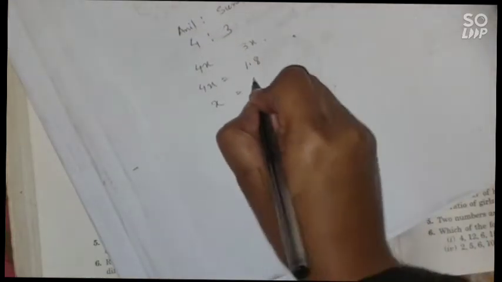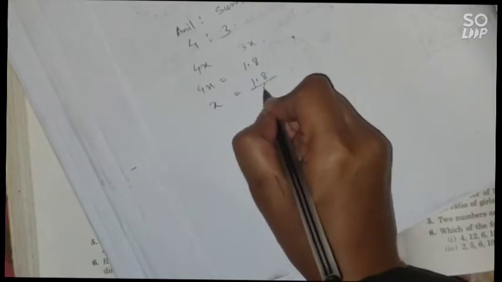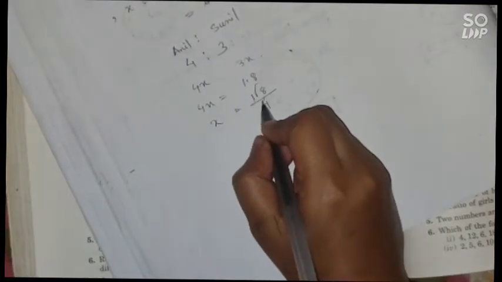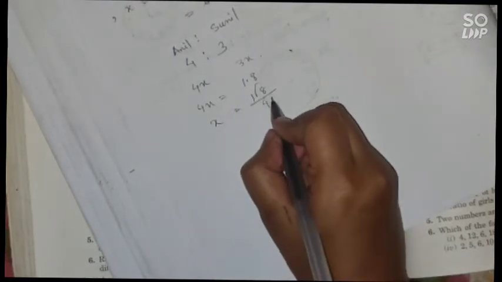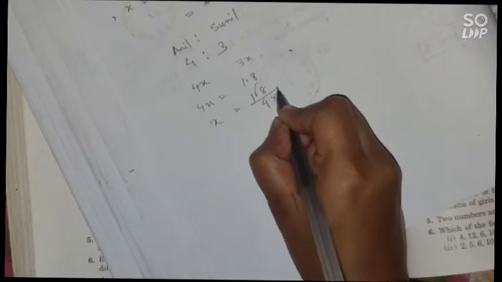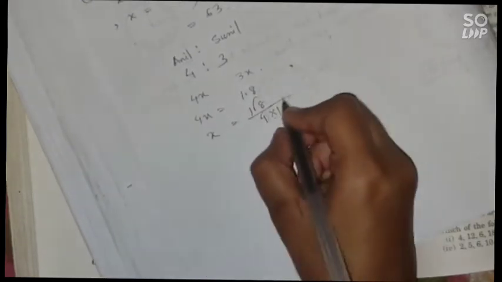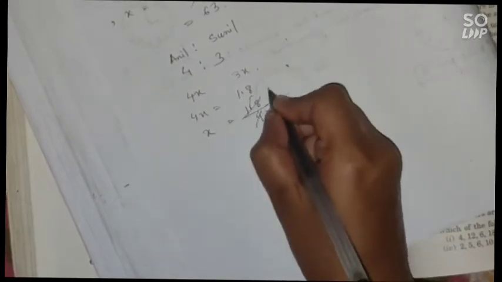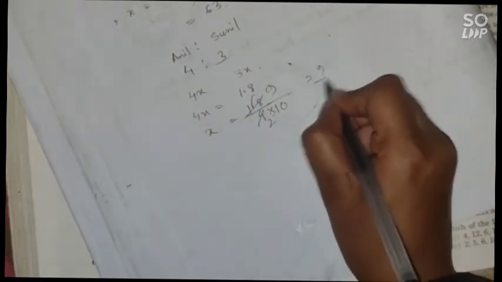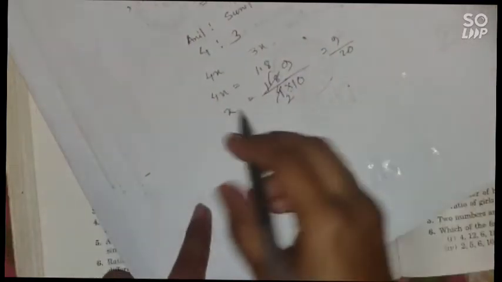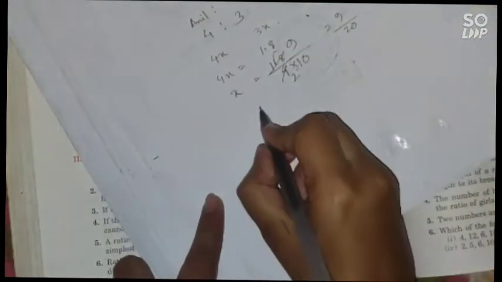So the value of x will be 1.8 by 4. If you remove the point, here will be 18 and 40, since after the point there is 1 place, so there will be a 0. 2 2s are 4, 2 9s are 18. So 9 by 20. This is the value of x. So what will be the height of Shunil?